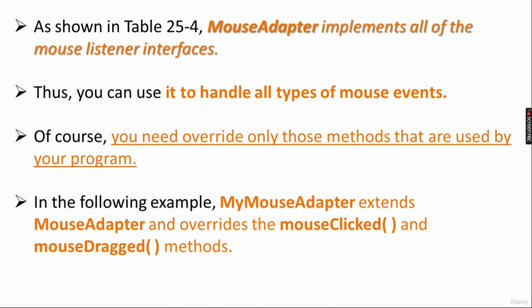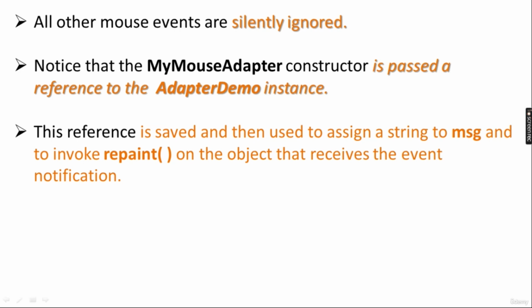You need to override only those methods that are used by your program. It is your choice. In the following example, MyMouseAdapter extends MouseAdapter and overrides the mouseClicked and mouseDragged methods. So depending upon your choice, you can implement as many methods as you need. All other mouse events are ignored. Notice that the MyMouseAdapter constructor is passed a reference to the AdapterDemo instance.